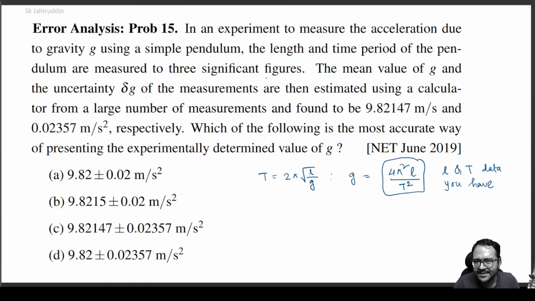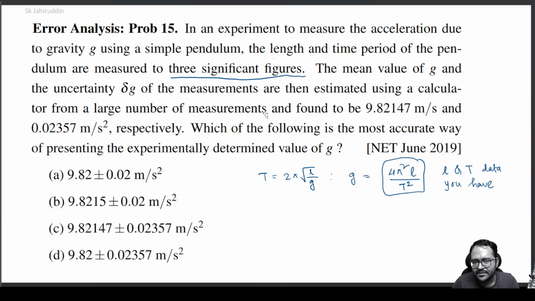You see, the length and time period of the pendulum are measured to 3 significant figures. That means your L would be given up to 3 digits after decimal, not more than that.